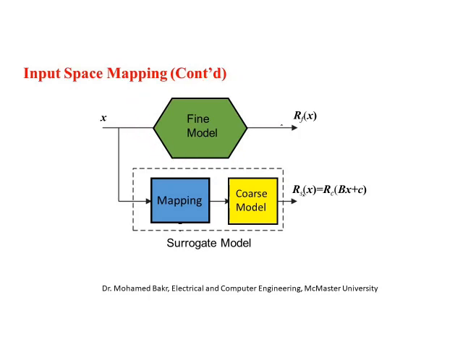So instead I'm going to take my coarse model and create a mapping here before I pass the parameters. So x is going to come here. It's going to be multiplied by B, and you add to it c. So you get a new set of parameters, okay? And then you pass this to the coarse model, different dimensions, different material properties, and you have to find the mapping parameters B and c.